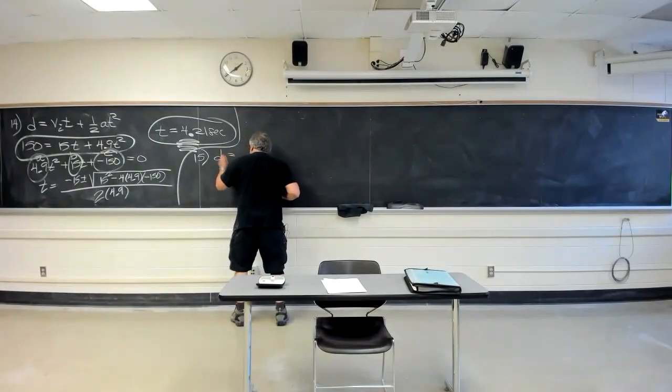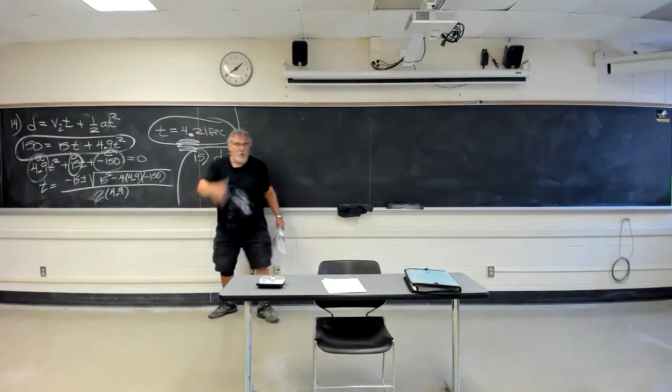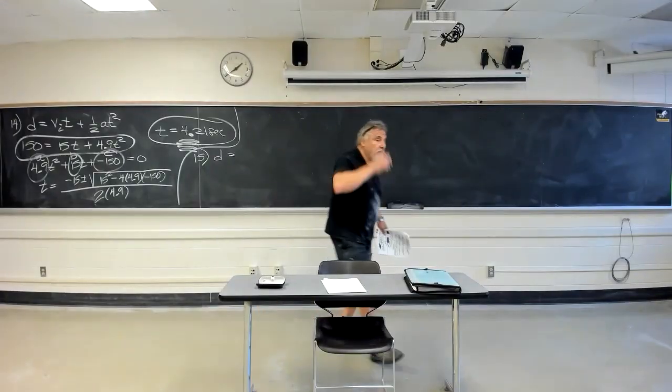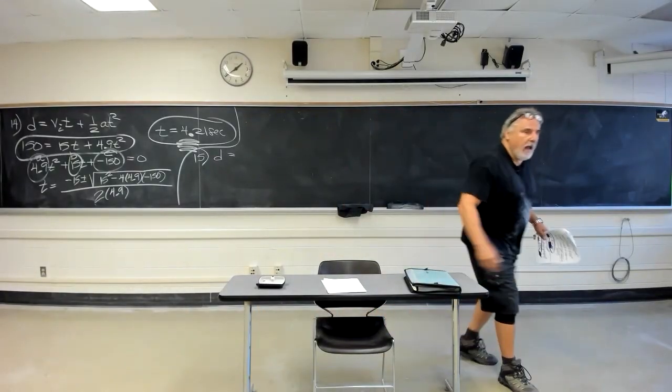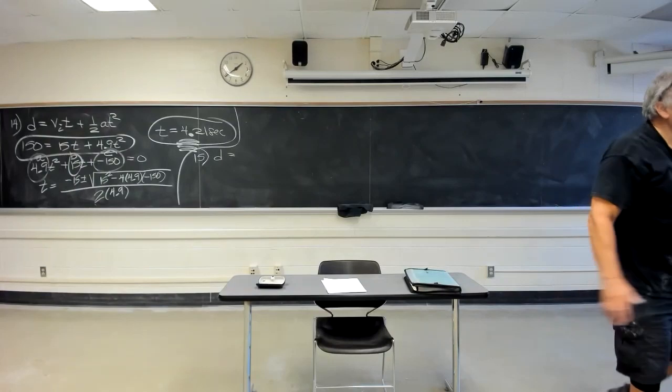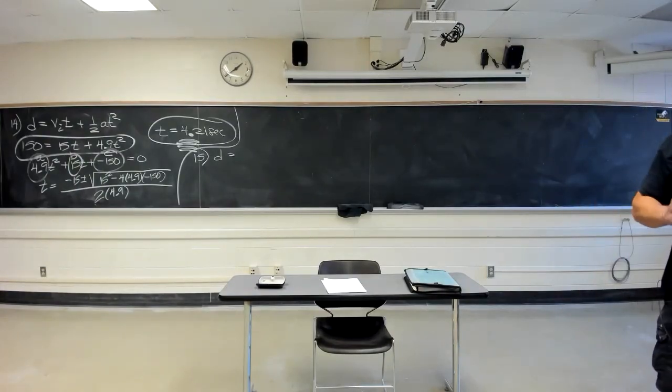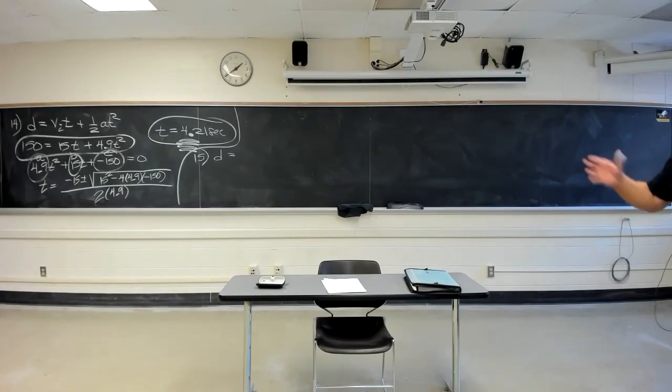Now again, if something gets thrown upward and then it comes down, you've got to worry about the signs of how you're actually reporting things. In terms of gravity, g is always negative.